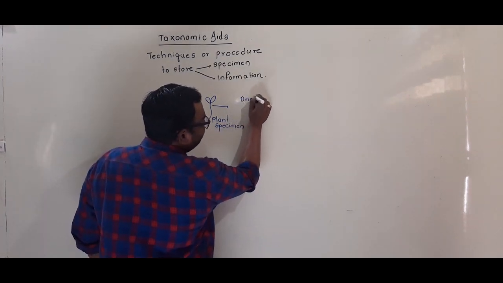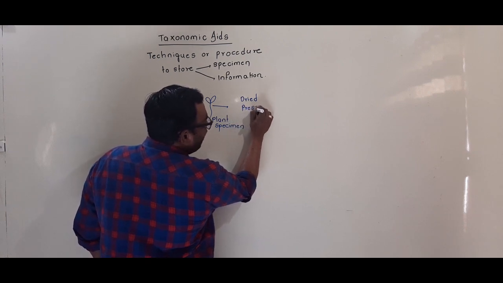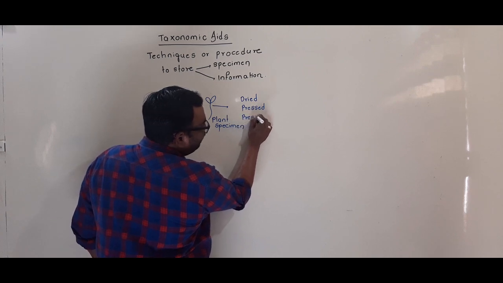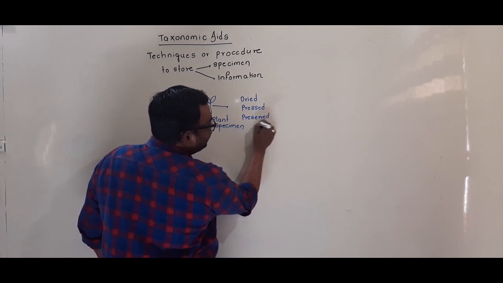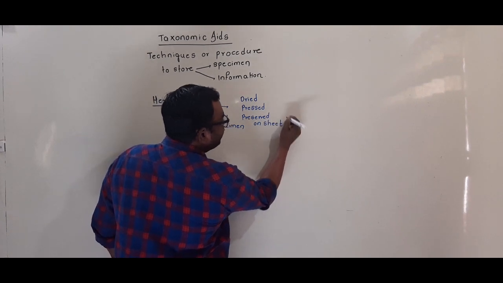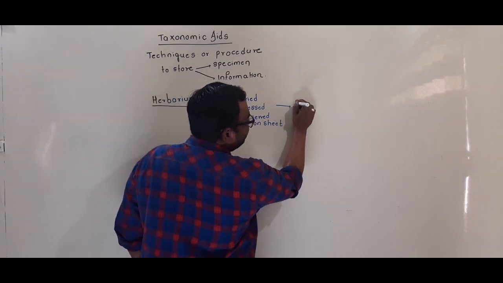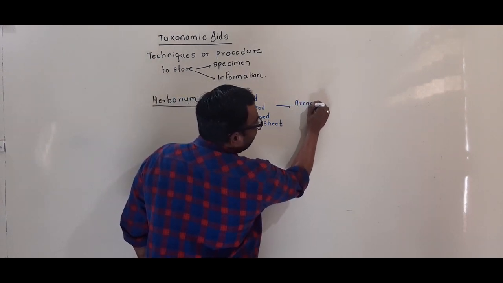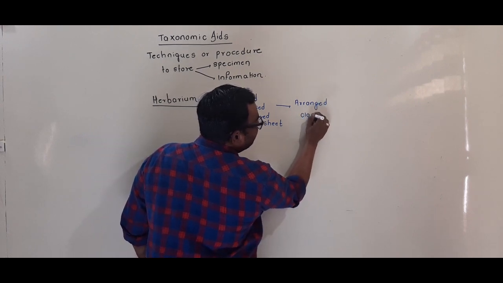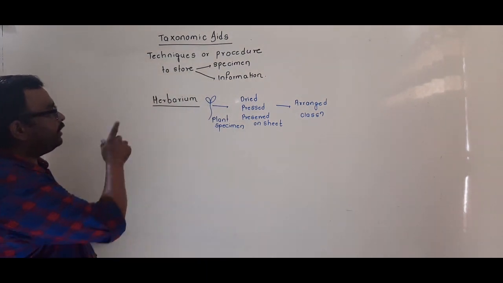Second, it will be pressed. And this plant specimen will be preserved on a sheet, and all these sheets will be arranged according to universally accepted classification. That particular collection of sheets is called a herbarium.